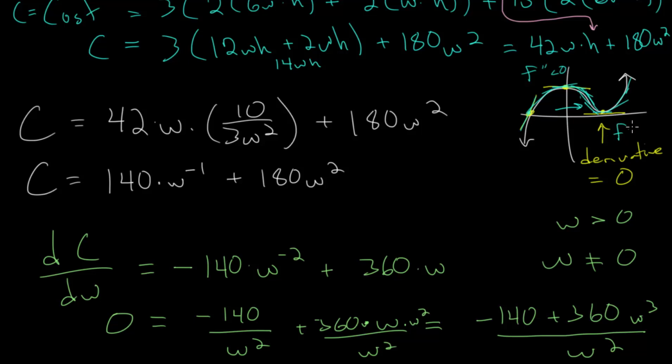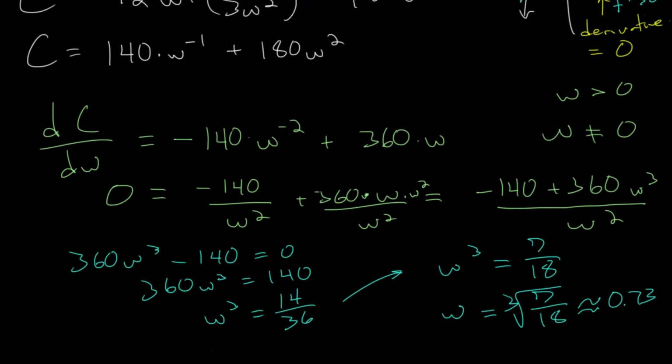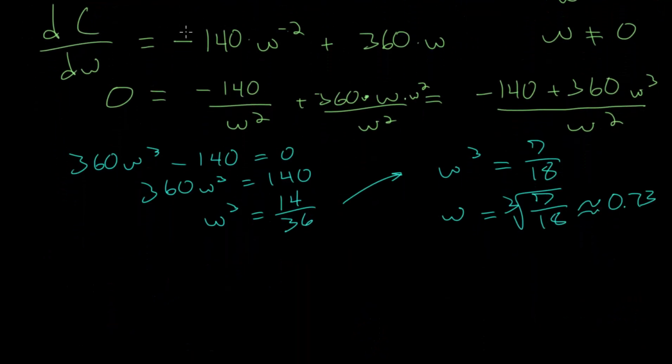So for a minimum, the second derivative is a positive value. So let's consider our function here, this derivative, and we can take its second derivative so that we can see if it's always positive. And if that's the case, then this is in fact the correct answer.